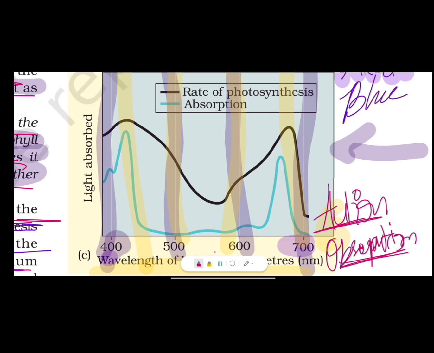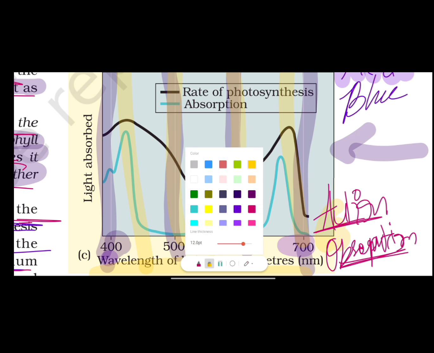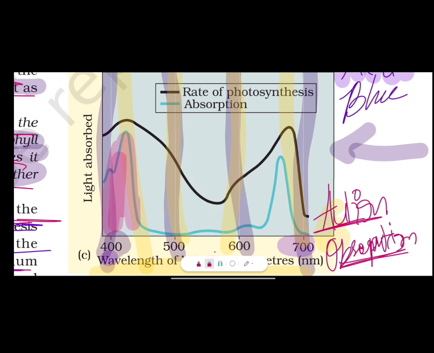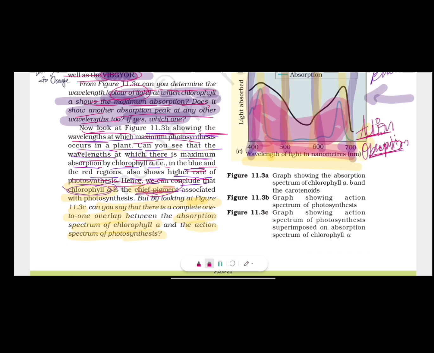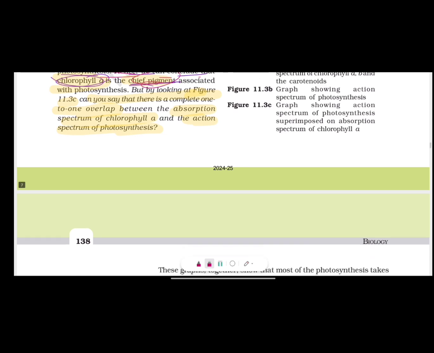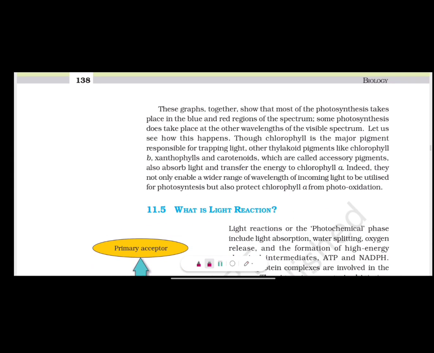It coincides at these points. As we check their wavelengths, we can conclude at which color the photosynthesis rate is higher. These graphs together show that most of the photosynthesis takes place in the blue and red region. As we can compare and study, we get the information that in the blue and red region, the rate of photosynthesis is higher.